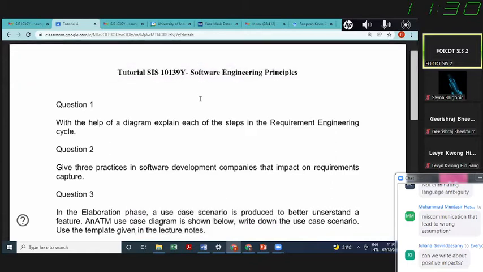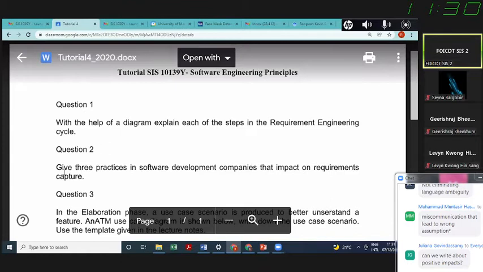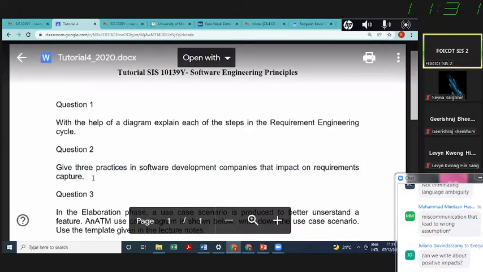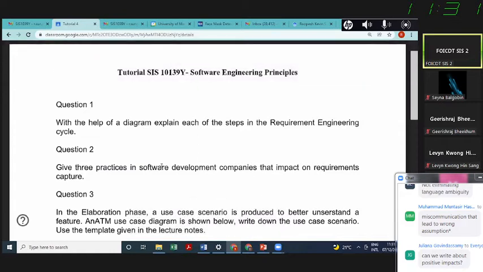So what are things that you are doing that can have a positive impact? You can talk about proper communication, proper project management and so on. Yes, you can view it the other way also. But of course, in the exam, if you're given such a question, it's going to be more specific about the words being used, whether it impacts negatively or positively on requirements capture.